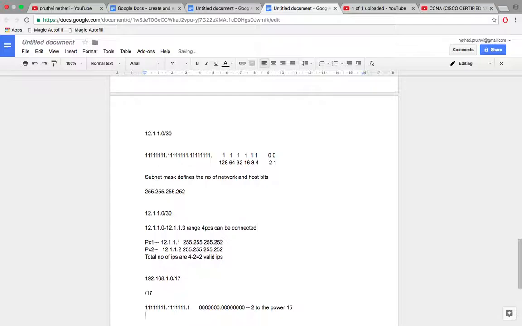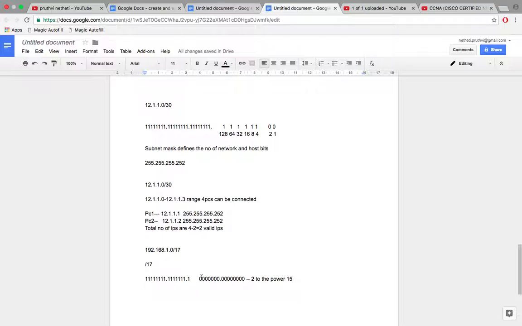Now, the challenge is to write the subnet mask. That's very simple. Again, follow the same procedure. Where does the 0 start? In this octet, right? The first bit is 128, then 64, 32, 16, 8, 4, 2, 1.